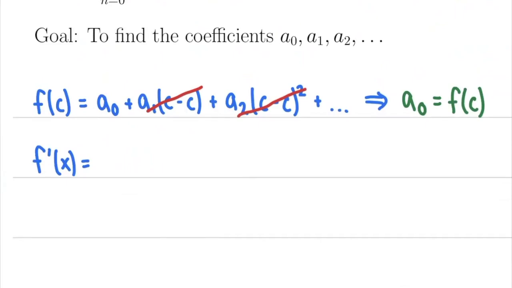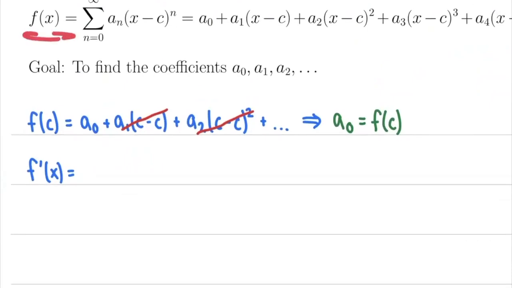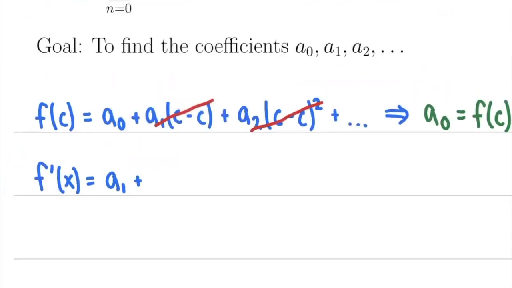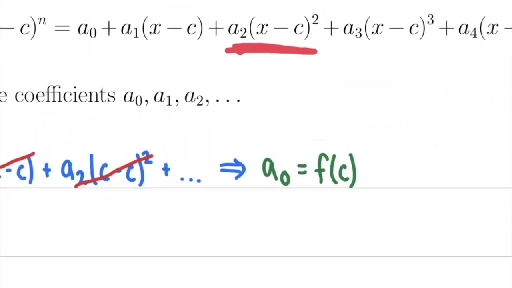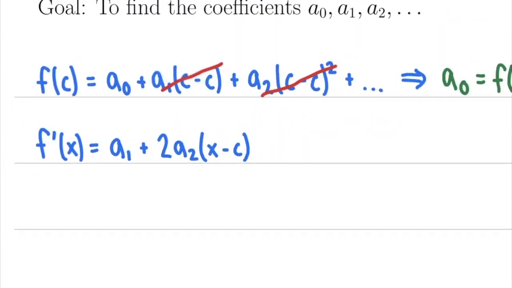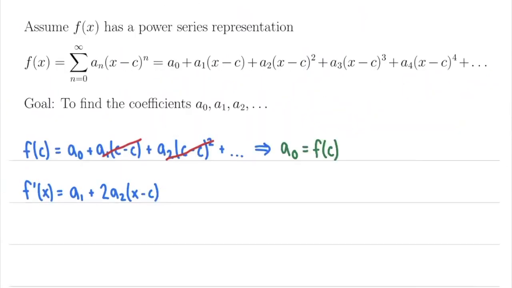So this is f of x, and I'm going to take the derivative of this. a0 is a constant, it's gone. Using the power rule, this becomes a1 plus, and then over here, the 2 goes out to the front, so you get 2 a2 times x minus c, and I'll do the other ones as well.